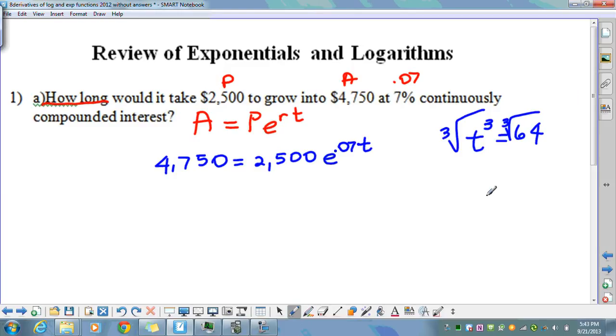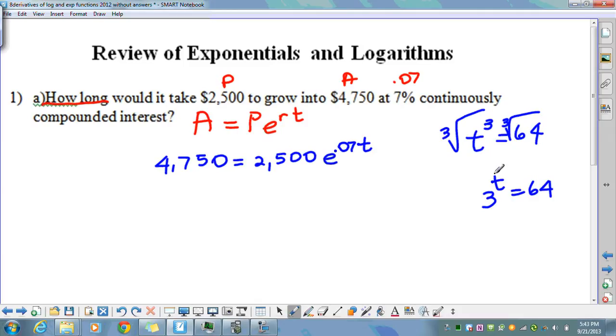But when you have something of this form, 3 to the t equals 64, now the question is, 3 to which power is 64? So, 3 to the second power is 9, 3 to the third is 27, 3 to the fourth is 81. So somewhere between 3 and 4 is the answer, but we couldn't really do a cube root here.